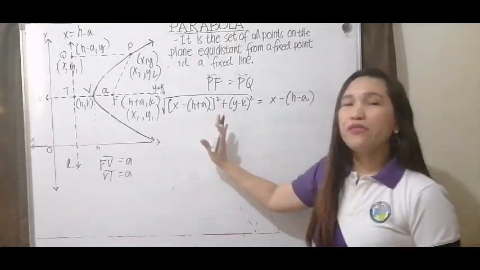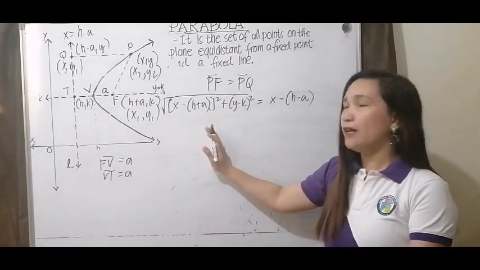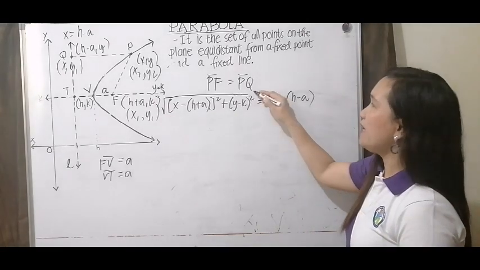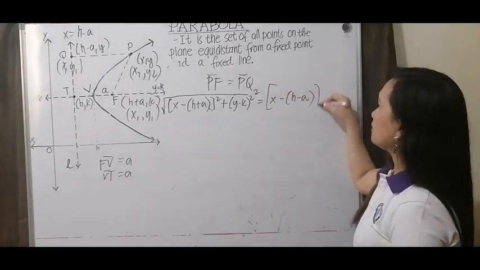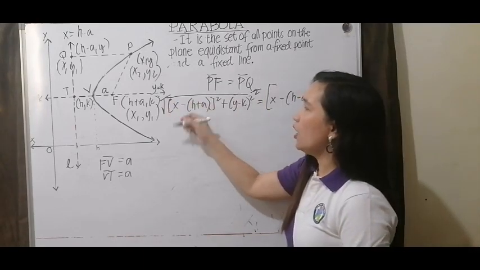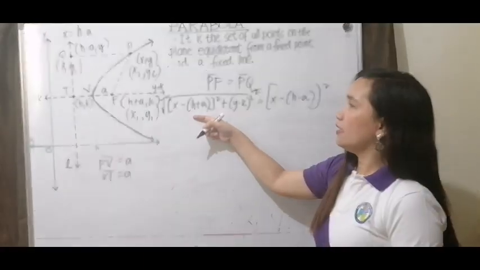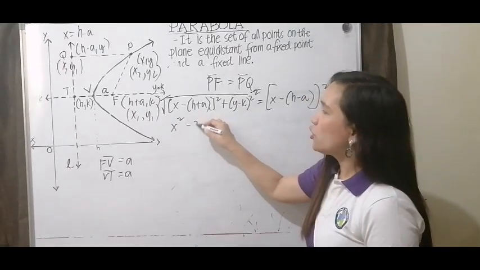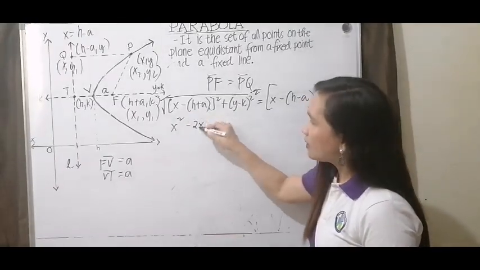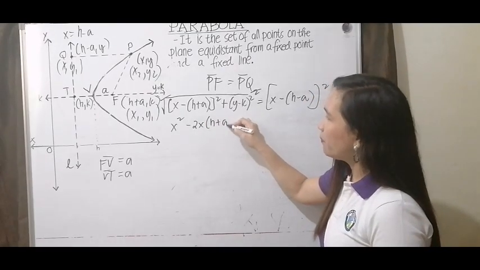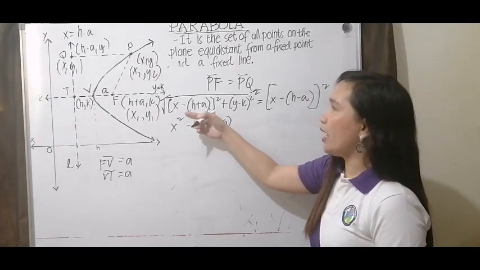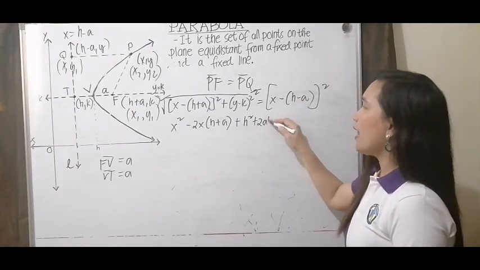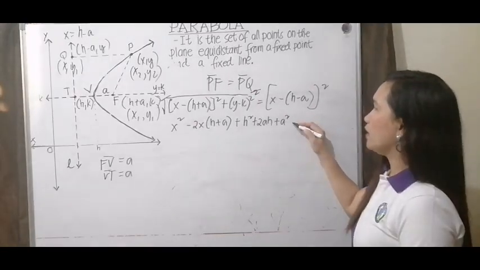Then let us solve this equation and simplify. Since we have a radical sign, we get rid of that by squaring both sides. Then square this. So we'll have x squared minus 2x(h + a), then the square of (h + a), so plus h squared plus 2ah plus a squared.